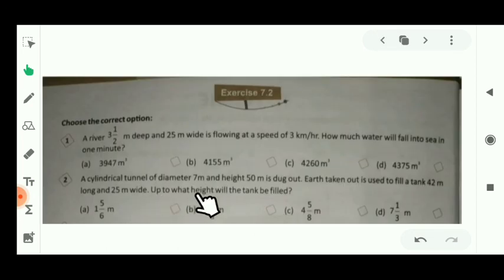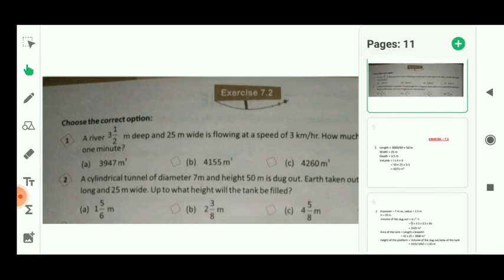A cylindrical tunnel of diameter 7 meter and height 50 meter is dug out. The earth taken out is used to fill a tank 42 meter long and 25 meter wide. Up to what height will the tank be filled? Let's see the solution of this last question.